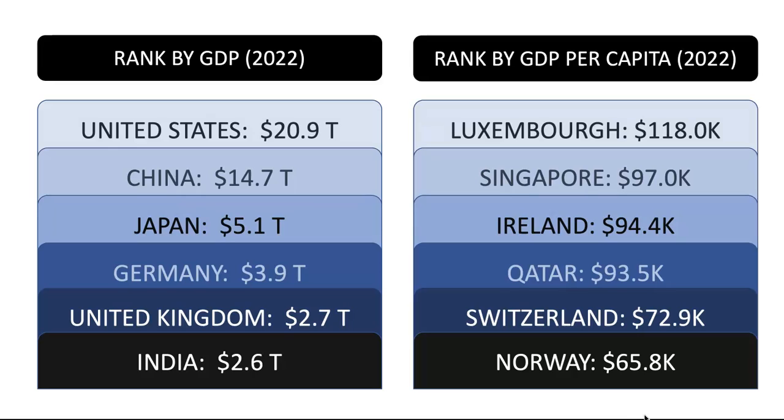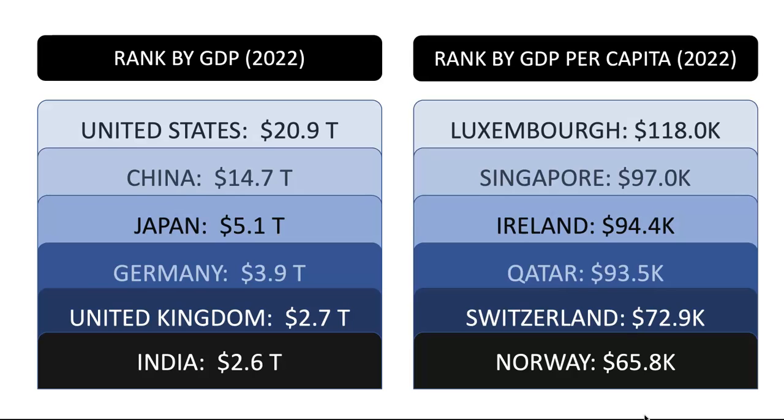The data on the left shows the top 6 countries in the world by GDP in 2022. The top 6 countries are the United States, China, Japan, Germany, the United Kingdom, followed closely by India. On the right, we list the top 6 countries by GDP per capita.